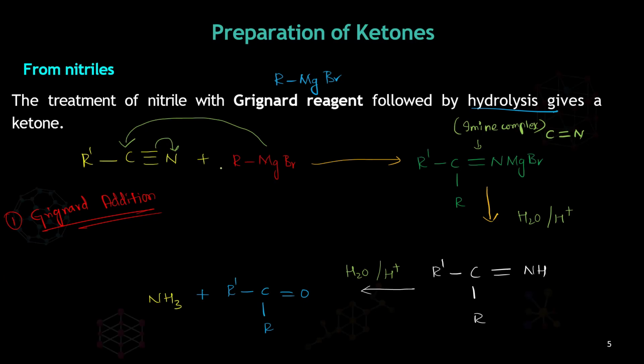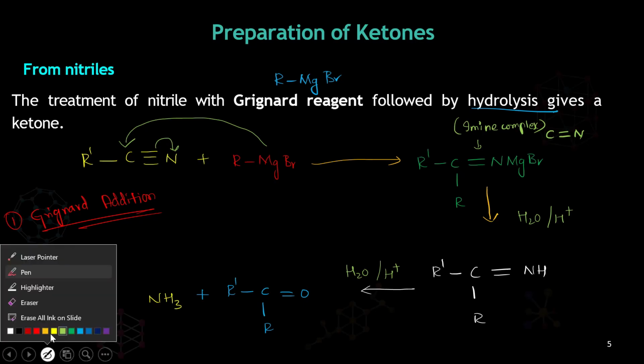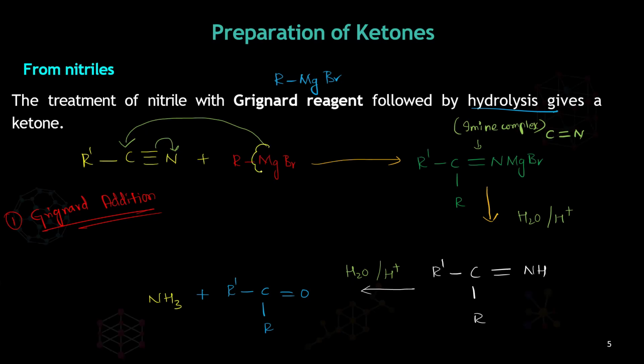You can see here, this MgBr part will go and stick to the nitrogen, and this R part will go and attach to the carbon. So that's how you get carbon-R and nitrogen-MgBr. Understood how this is formed?